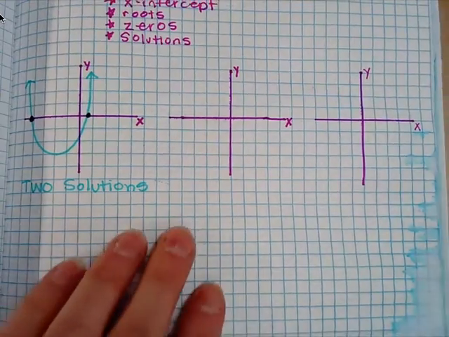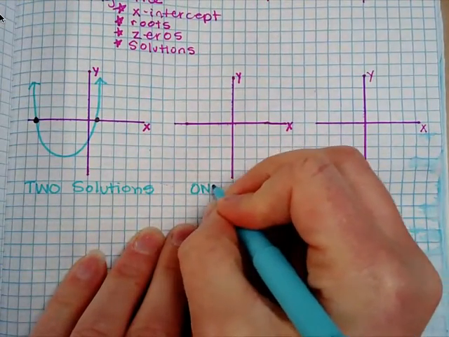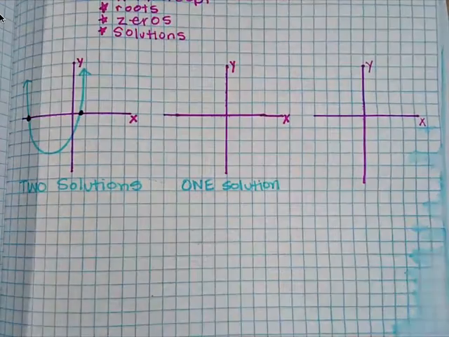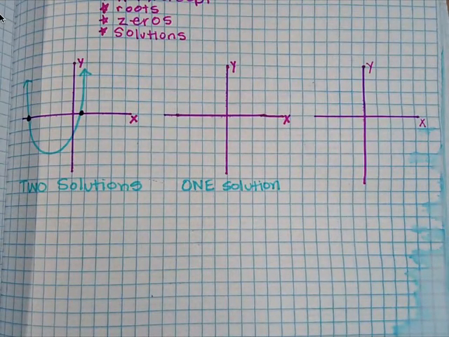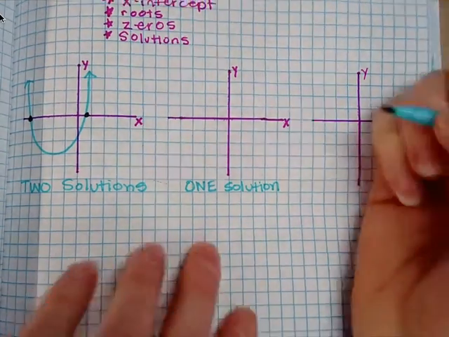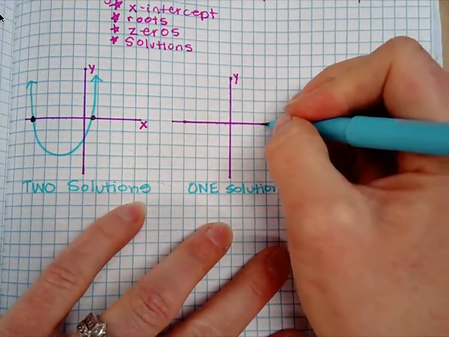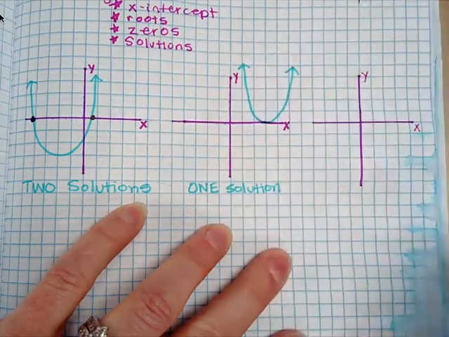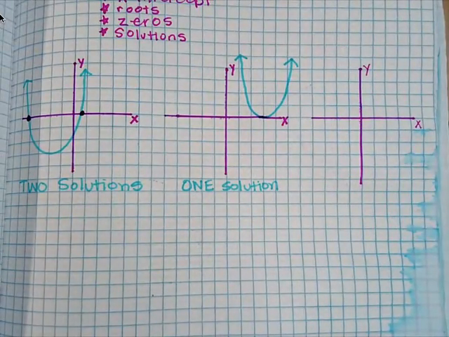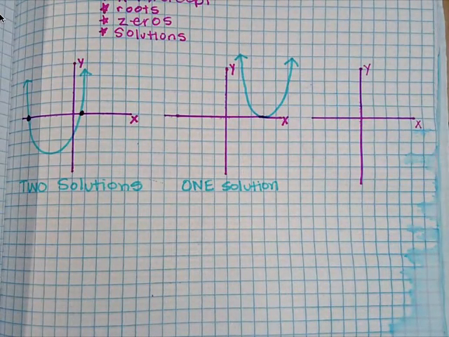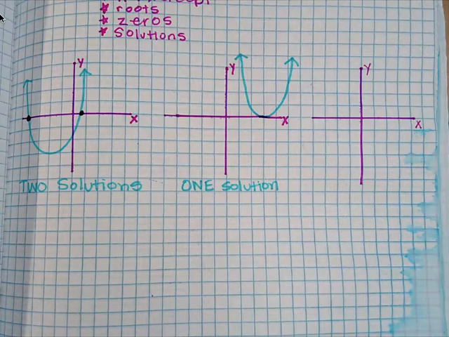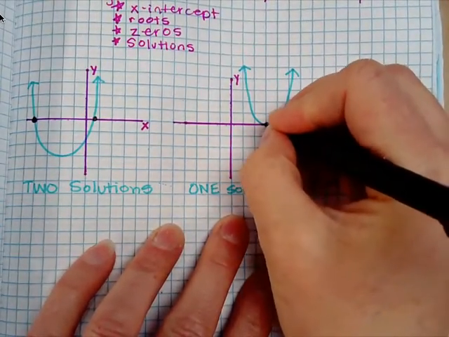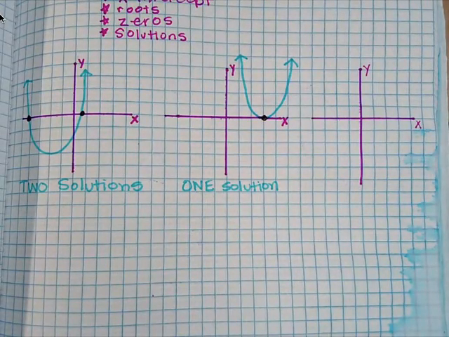Okay, 1 solution is the next one. That is whenever it only touches at one time. So that's what 1 solution looks like.